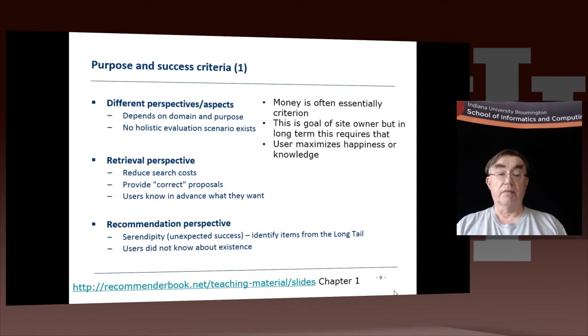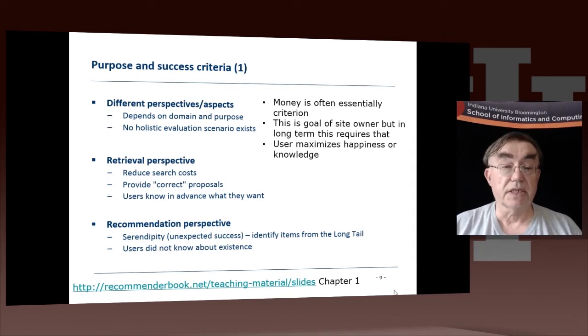So we've already mentioned some success criteria, namely money is often at some level the essential criterion. And I pointed out that making some vendor happy by maximizing the money they get is not going to work unless you also maximize the user experience, whether it be their happiness or something else.